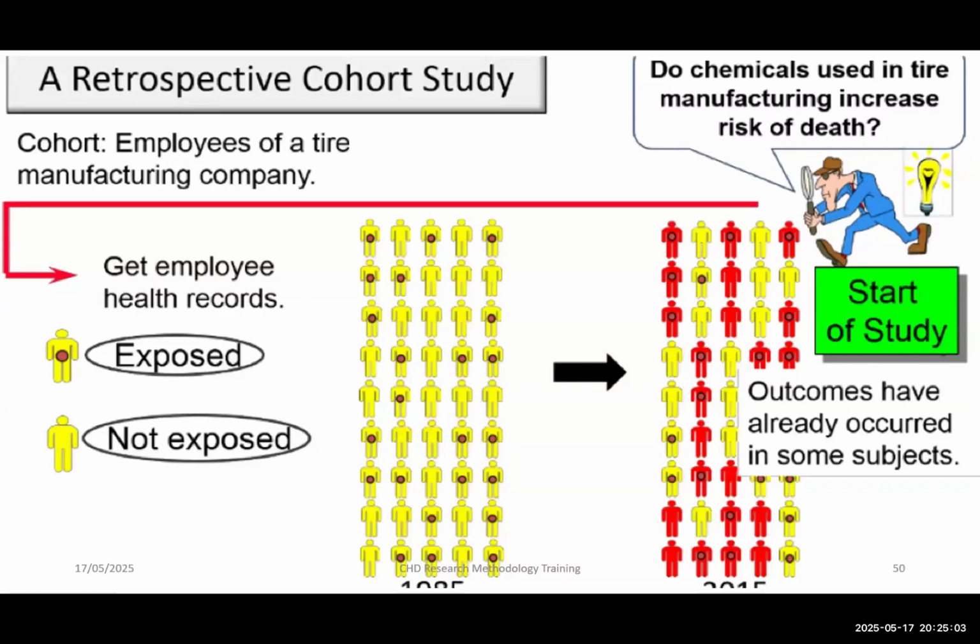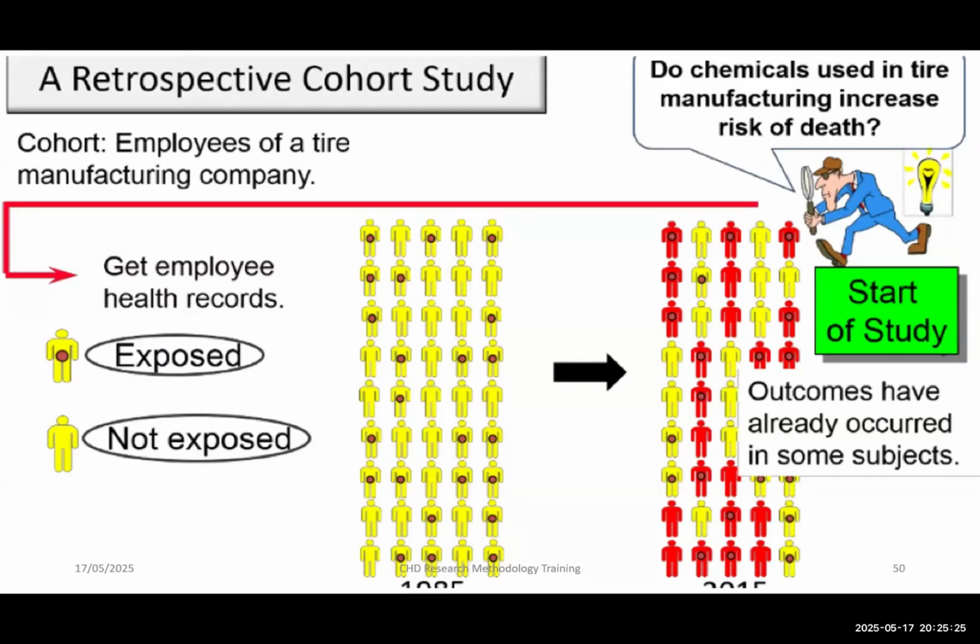While in case control, your interest is the cases. In a retrospective cohort, most times the latent period is long, so you don't have the resources and the time to do that, and some of the diseases or outcome measures may have happened.